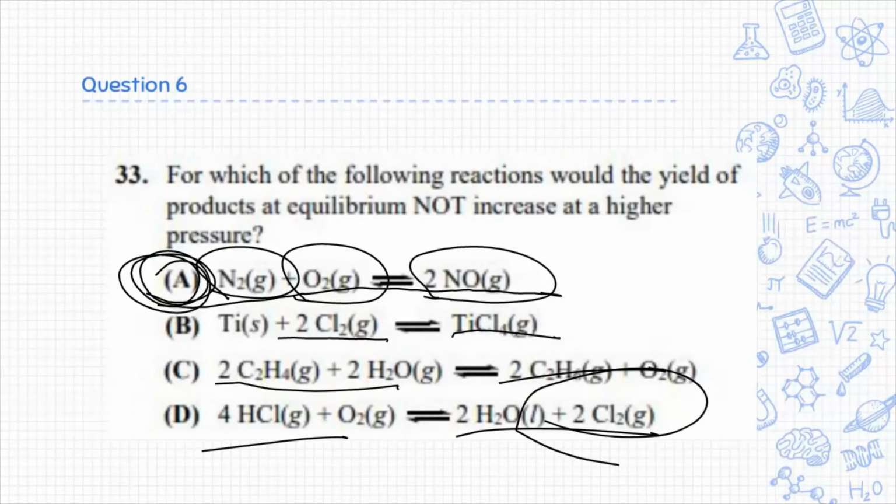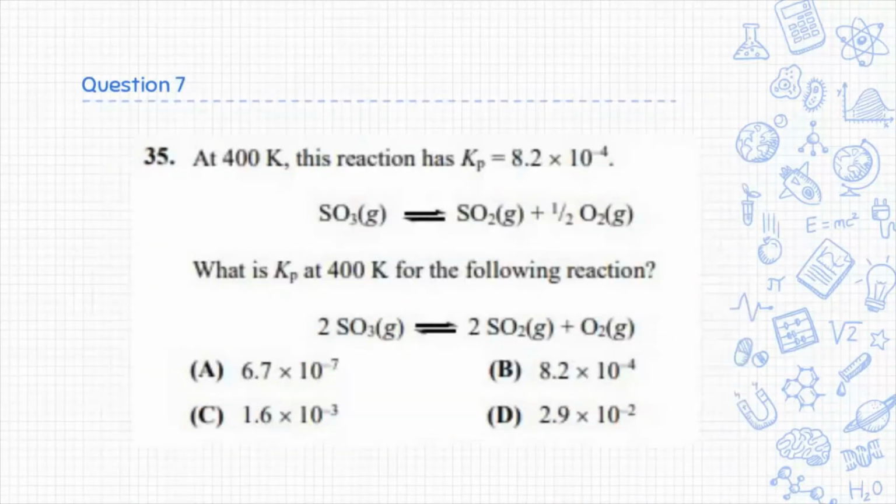All right, moving on to question 7. We'll give about 2 minutes for this question. Oh, actually, I changed my mind. We'll give 1 minute for this question.